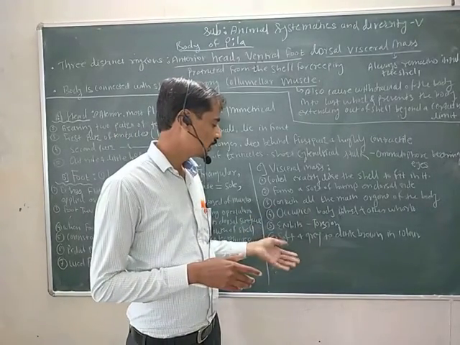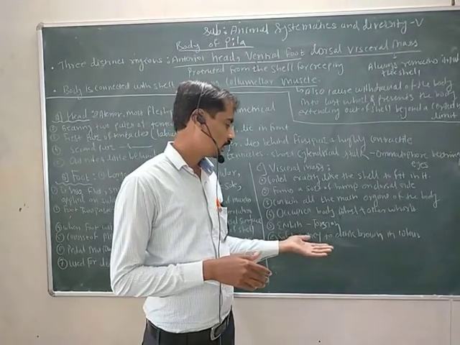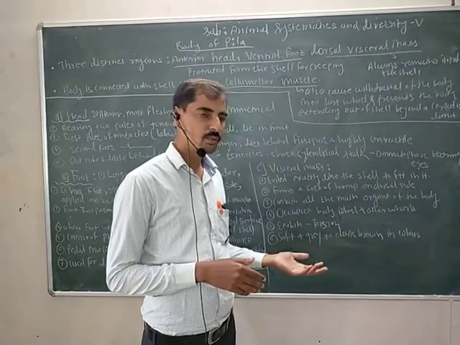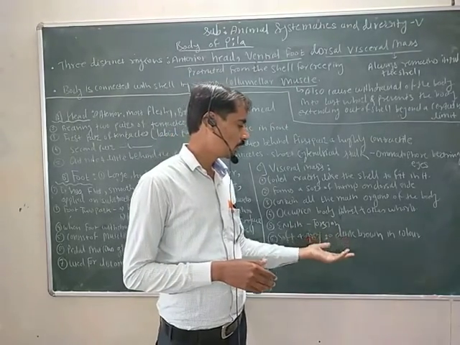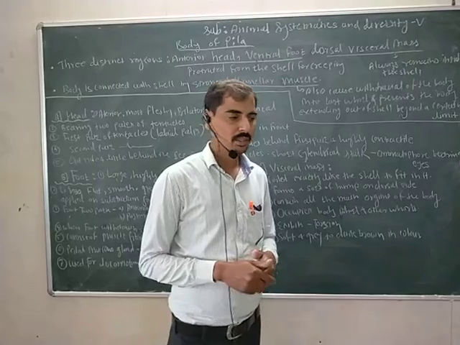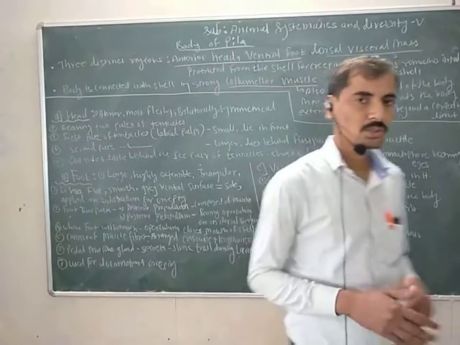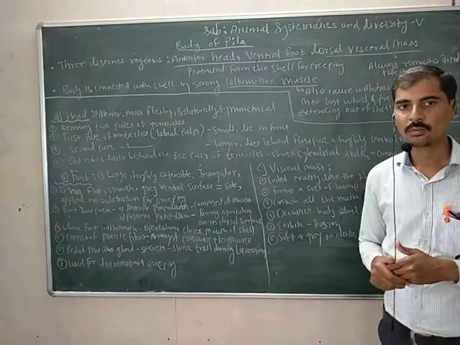The visceral mass is soft, and its color is grey to dark brown. This is all with regard to the body of the Pila globosa.